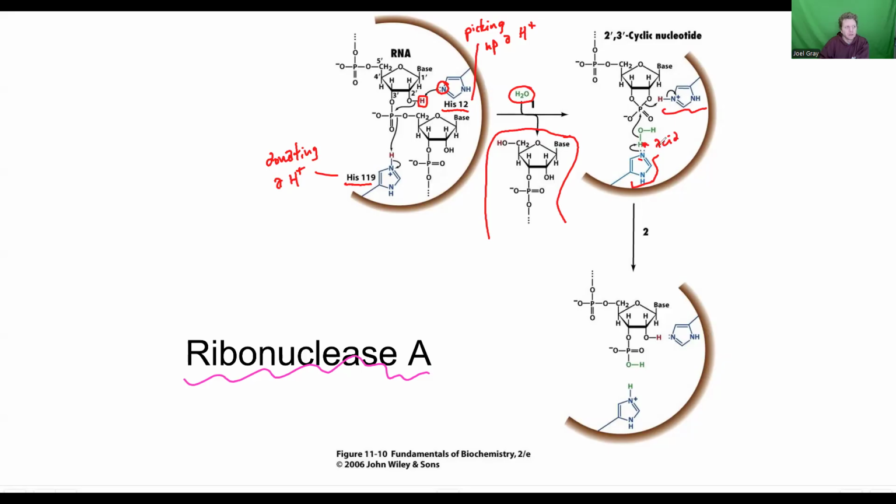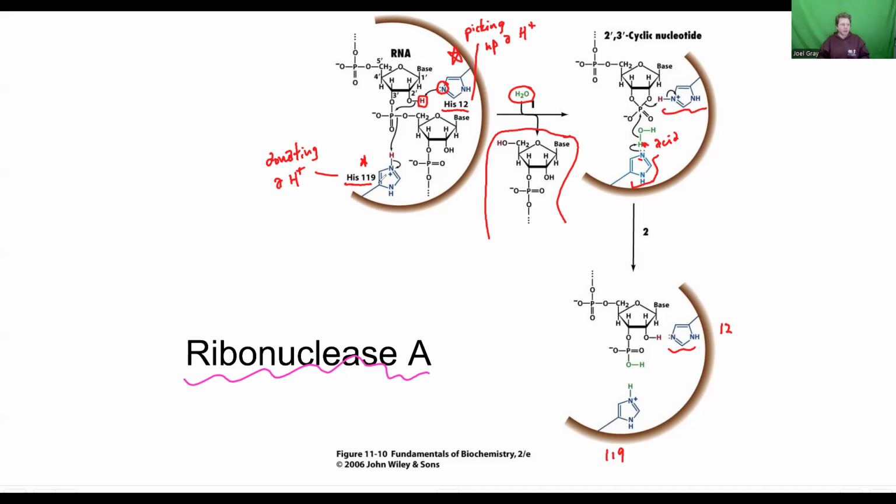Then if we look down at our third cell after our second step, what do we have? We have histidine 12 over here and 119 down here. Histidine 12 is deprotonated, exactly how it started, right up here. Same thing, histidine 119 is now protonated, just like right here.